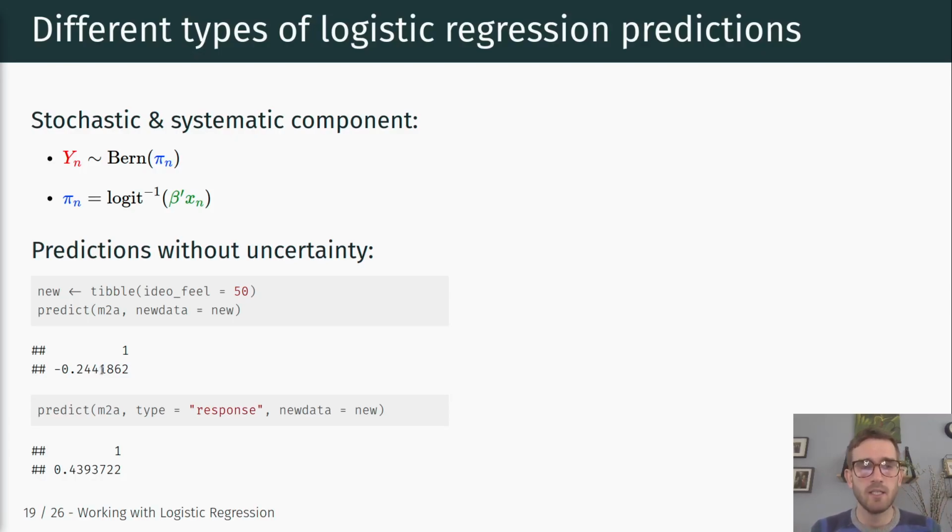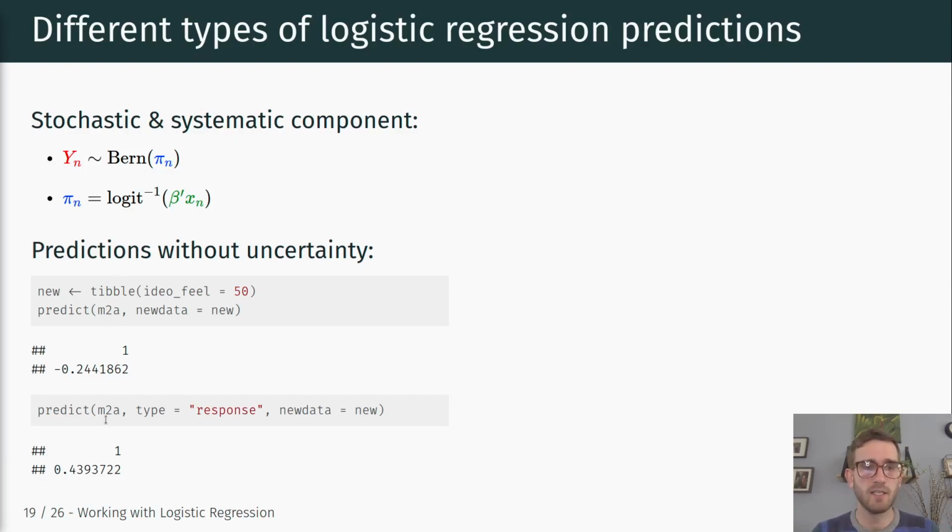If we want to directly compute this probability, we could plug this number into our inverse logit to get a probability, or in predict, we can directly add the argument type equals response. If we add this argument, then the output is not this linear predictor, but is directly this linear predictor plugged into our link function to compute the probability, right?